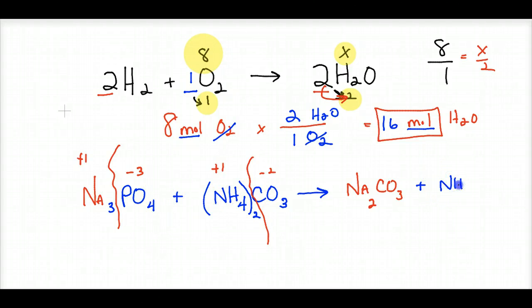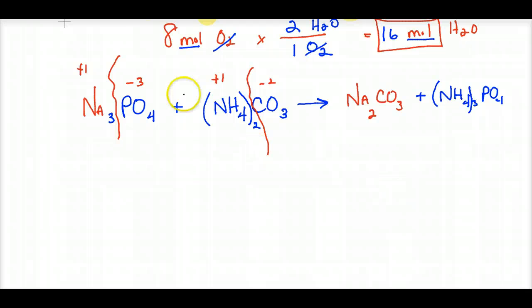Right, just switching partners. Ammonium is plus 1. Phosphate is PO4 negative 3. So we're going to need 3 of these. This has to go in parentheses to show we need 3 of everything inside. And lo and behold, right there is what we have. Our correct chemical formulas, we predicted it.